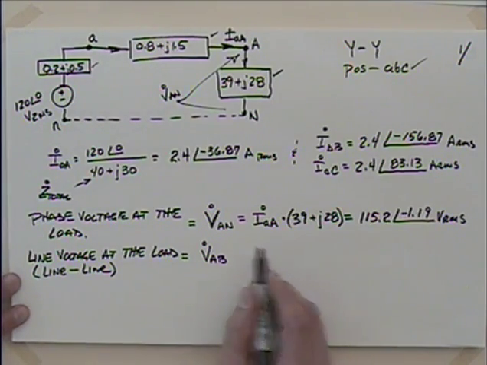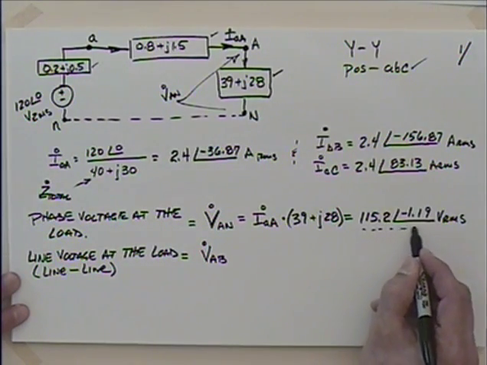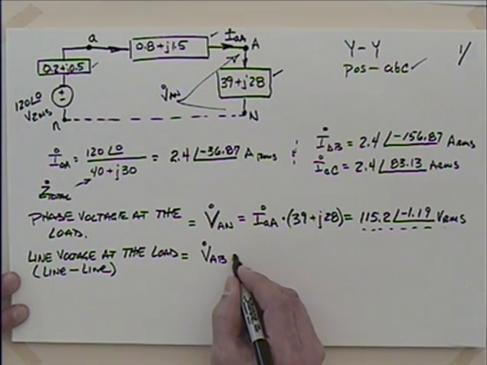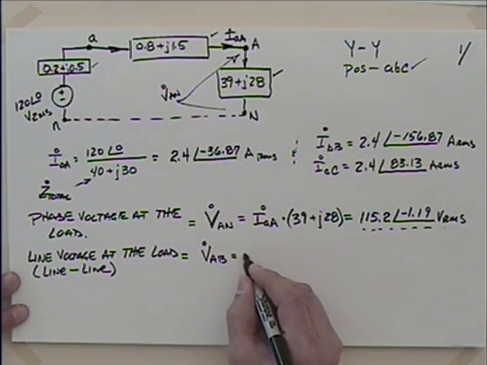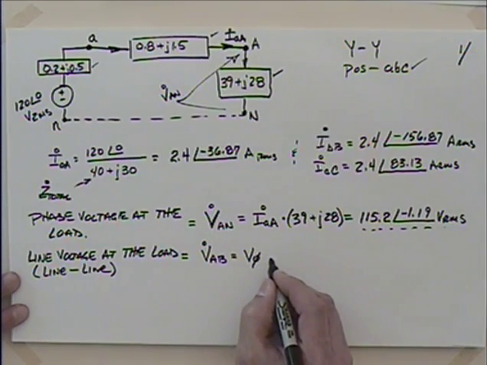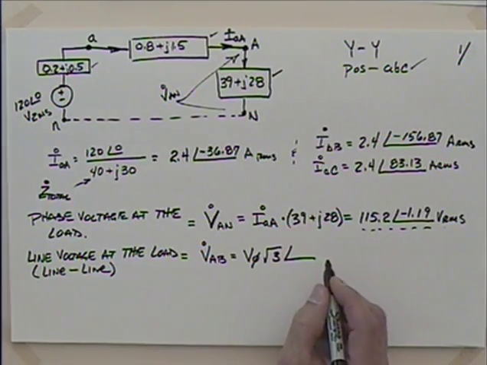So how do I get there? Well, let's see. I could start with this one, right? I could use that one, and I know that I have to take V for the phase, the magnitude of that, and I multiply it by the square root of 3, and what am I going to do for the angle on this thing?